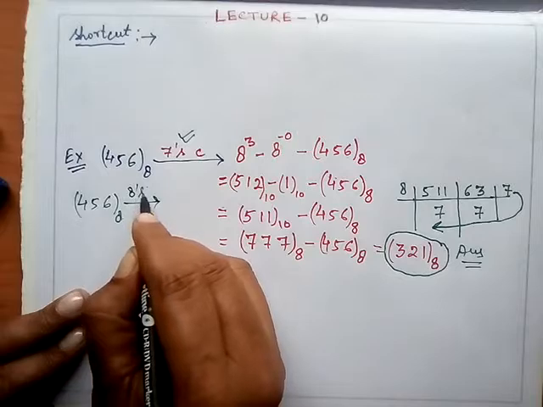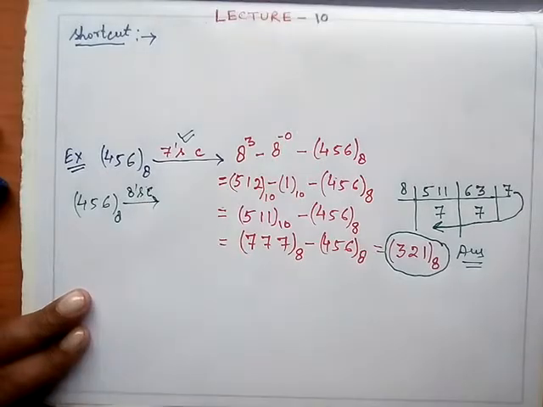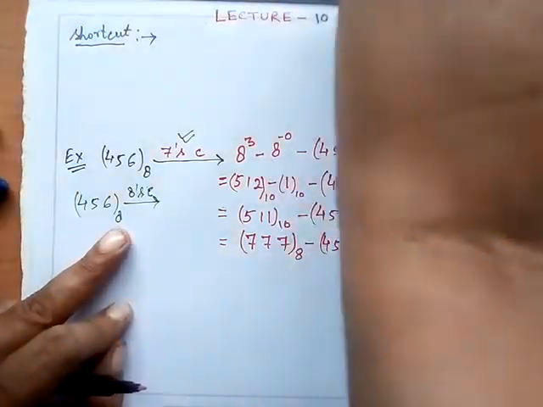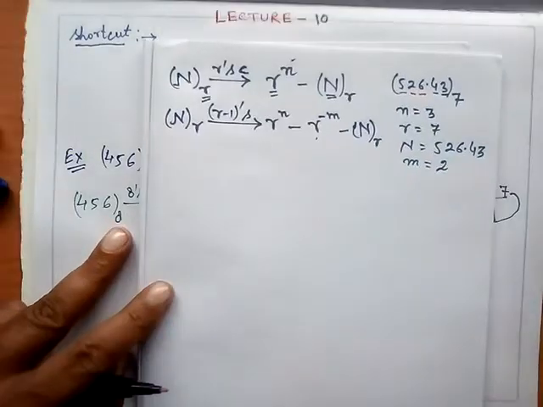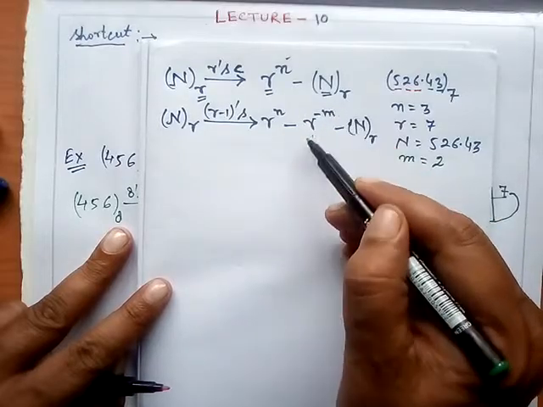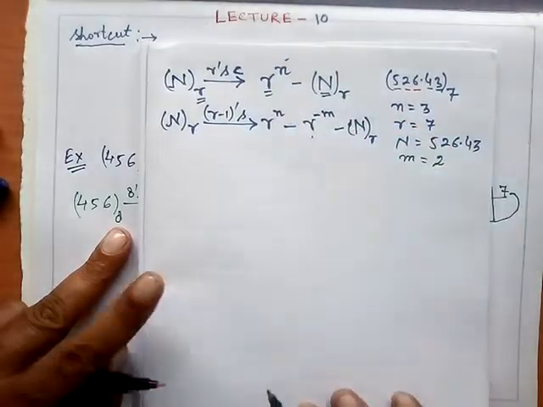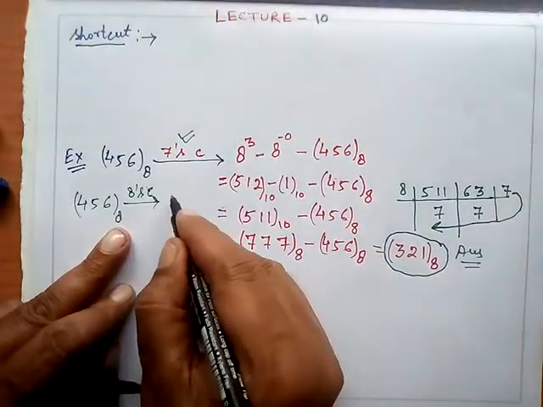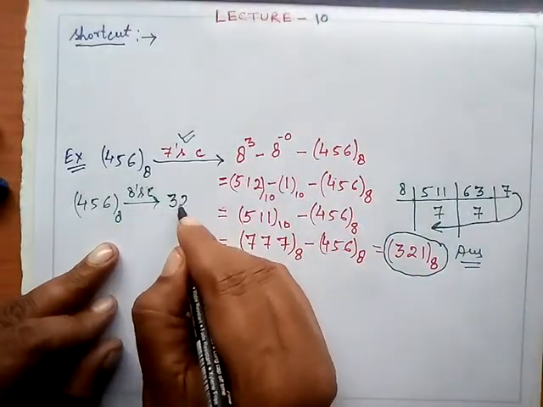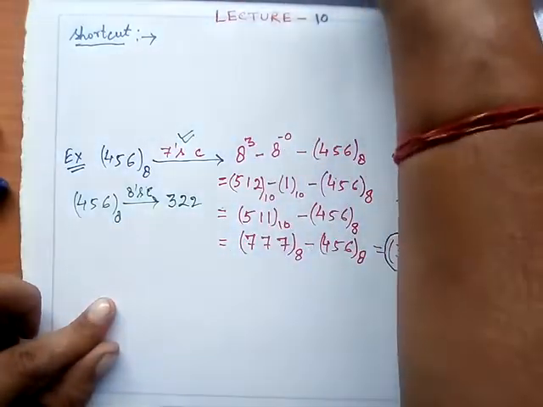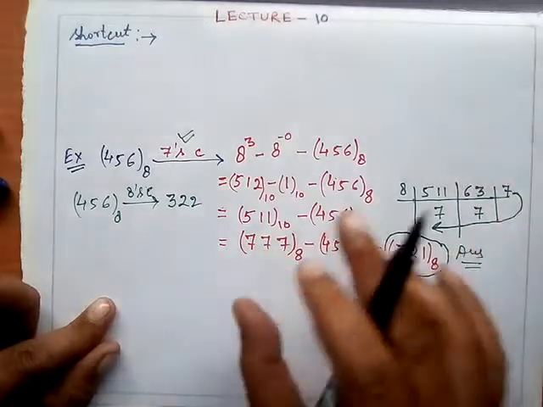Of course, it is the same formula here: r to the power n minus r to the power minus m minus the number. R to the power minus m is not there. If I do the calculation, the result will be 3, 2, 2. You can cross check it by applying the formula also. So I hope that this is clear to you.